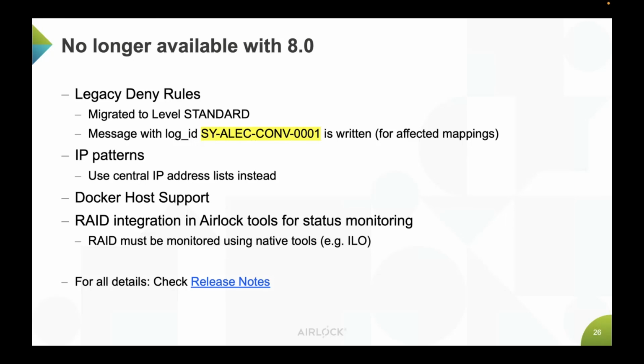And also RAID integration in Airlock tools for status monitoring has been discontinued. If you want to monitor RAID, we recommend that you use the native tools that are available to you, for instance, ILO. For all the details regarding changelog and things that you have to consider before upgrading, as usual, check the release notes.